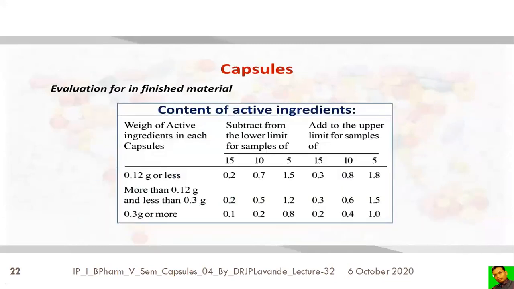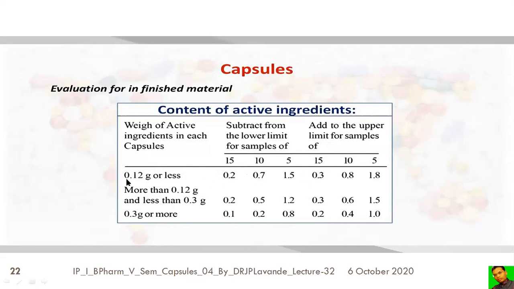Right? Now, this will be the content of active ingredient and its acceptance limit. Let's say, for example, what will be the weight of the active ingredient in each capsule? Suppose it is 0.12 gram or less, and if we are choosing 15 capsules, then the lower percentage acceptance limit will be 0.2%, and the higher percentage will be 0.3%.